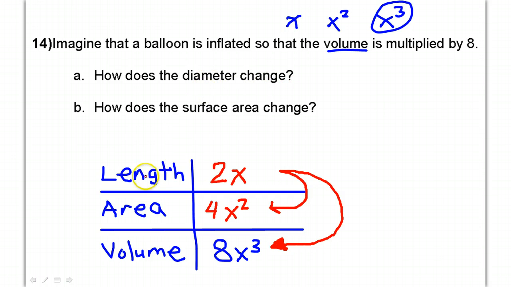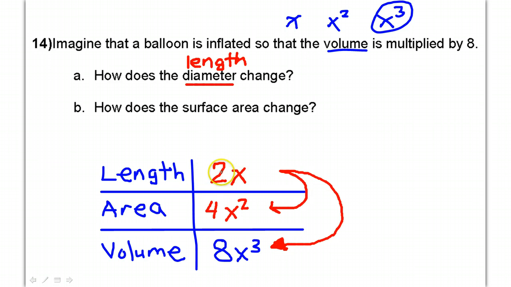Well, diameter. Is diameter a length, an area, or a volume? Well, hopefully you understand that diameter is a length. Okay, so by asking how does the diameter change, we just look at how do all the lengths change.